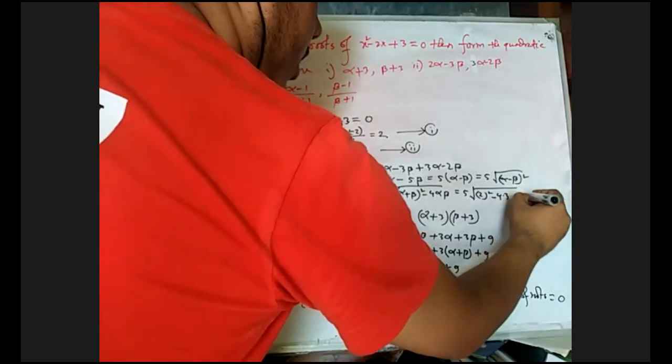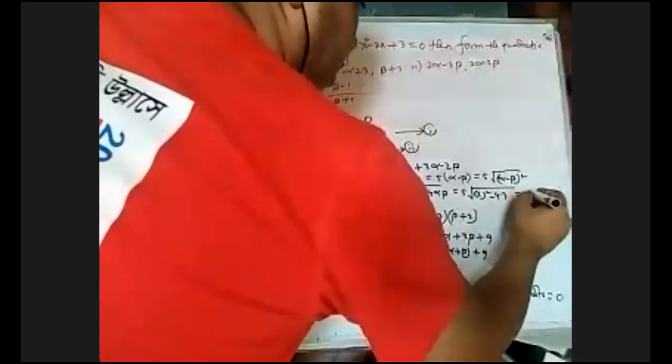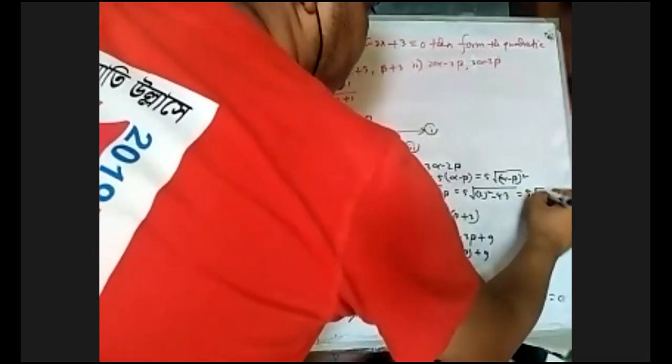This equals 4 minus 12, that means minus 8. So 5 root over minus 8.